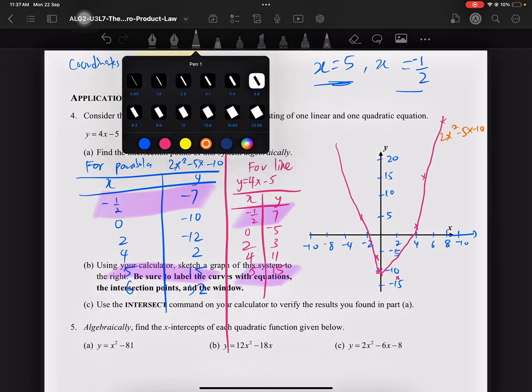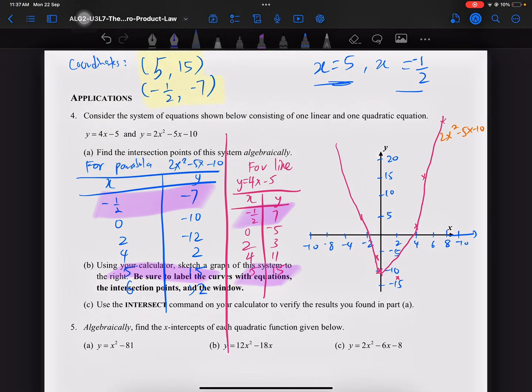Next, for the line, x minus 5: negative half, 7 is here. 0, negative 5 here. 2, 3 here. 4, 11. 5, 15.